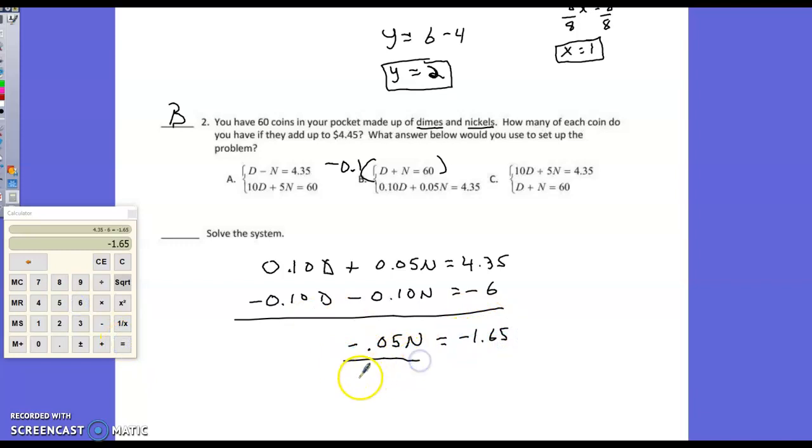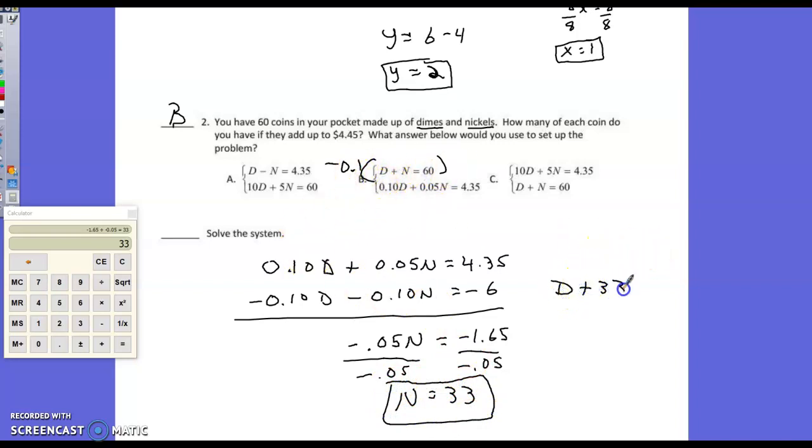To solve for N, divide by negative 0.05. That gives us 33. So we have 33 nickels. And then I can use this one again. So D plus 33 equals 60. Subtract 33 from both sides. D then equals 27.